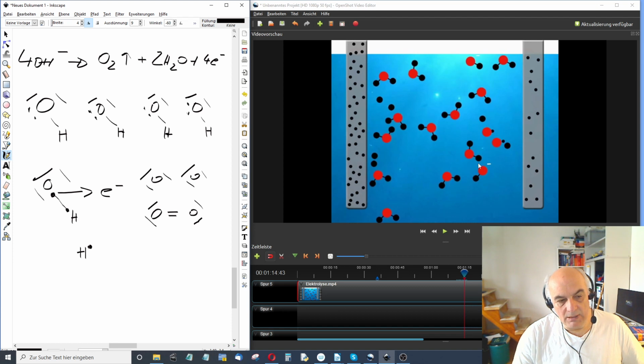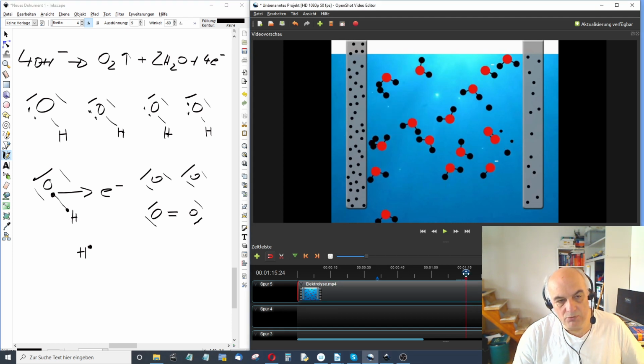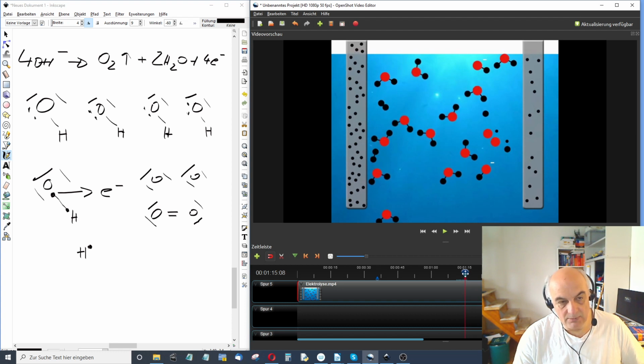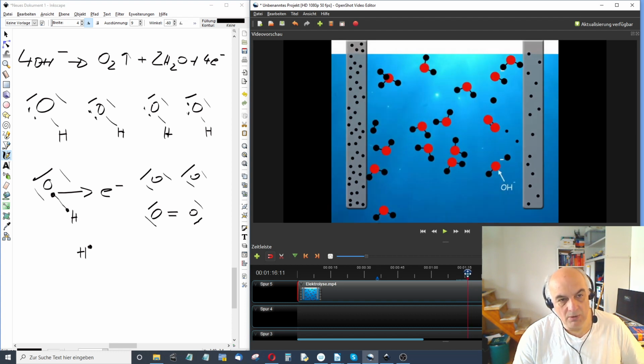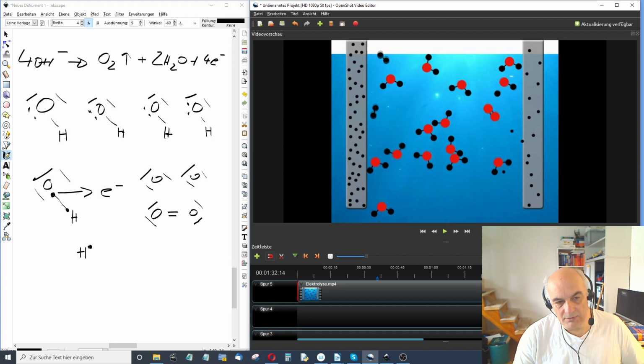At the anode, it's not that the H2 combines, but the hydrogen now combines with another OH minus, as you can see here, by losing another electron.